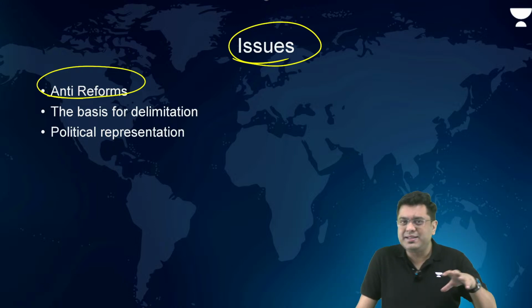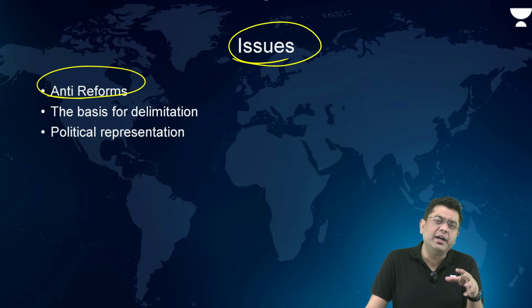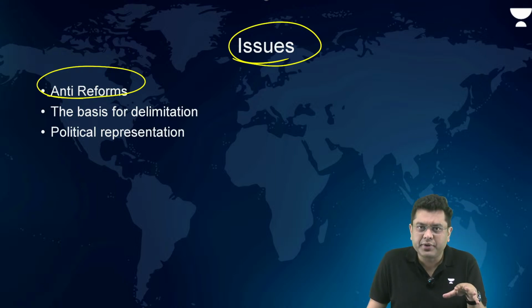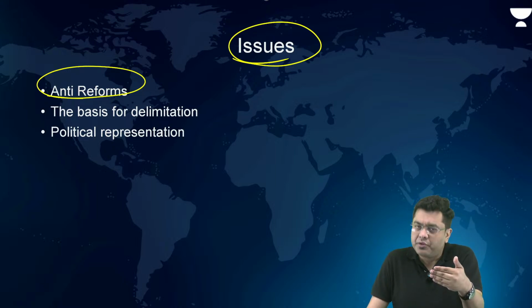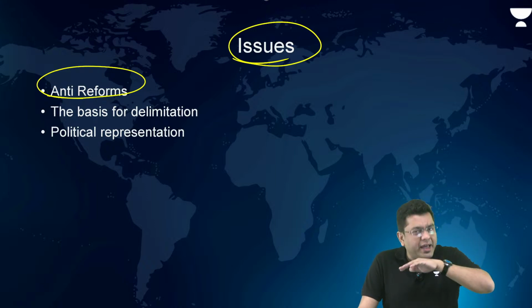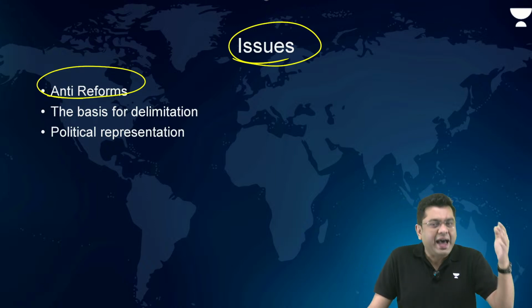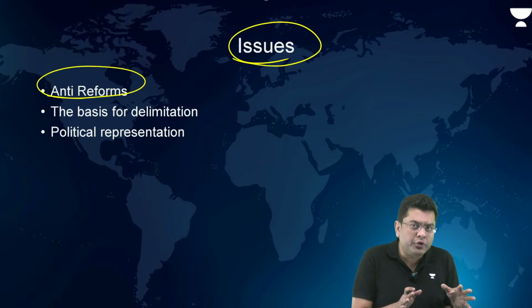Because these southern states are amongst the most successful across the country in terms of implementation of the healthcare schemes and the nutritional schemes. Right. As a consequence, the demographic growth in that region has been very different. As a consequence, the total fertility rate has been controlled.